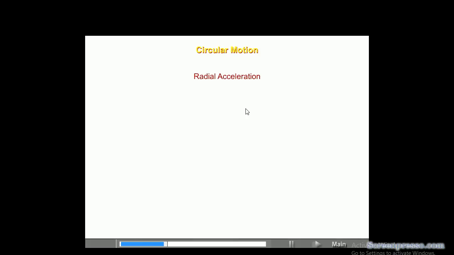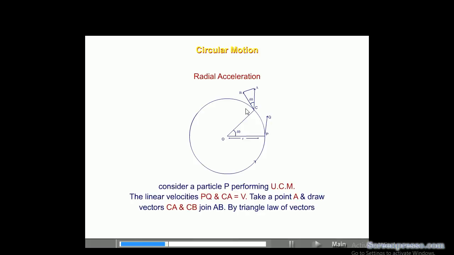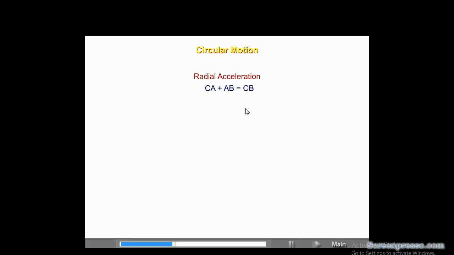Radial acceleration. The linear velocities at P, Q and CA is equal to v. Take a point A and draw vectors CA and CB. Join AB. By triangle law of vectors, CA plus AB is equal to CB. AB is equal to dv/dt and angle ACB is equal to angle POQ is equal to Δθ.